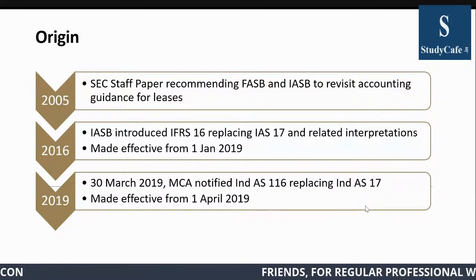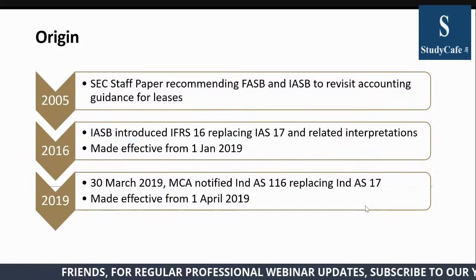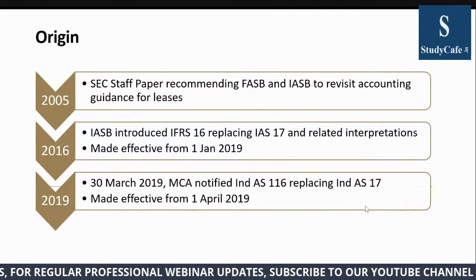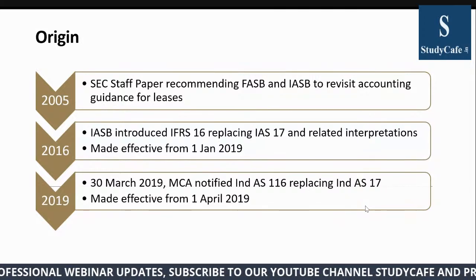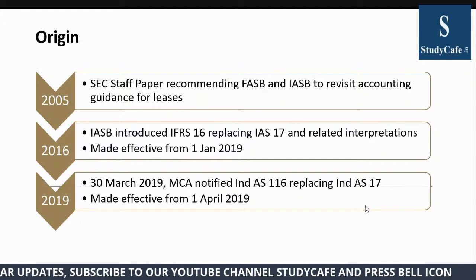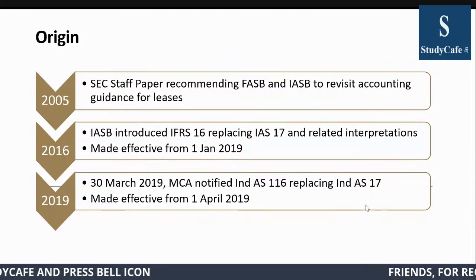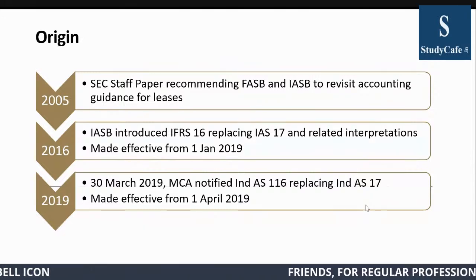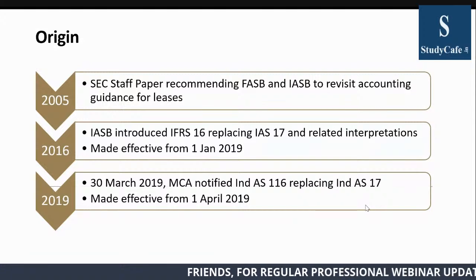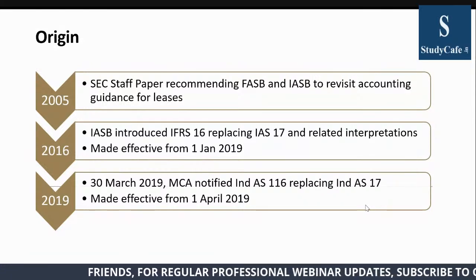But in the case of operating leases, they were not required to show any asset or any liability on their balance sheet. They were just required to expense off the lease rentals that they were paying. Consequently, 70% of the companies which were dependent upon operating leases were not showing any liability or any asset on their balance sheet.